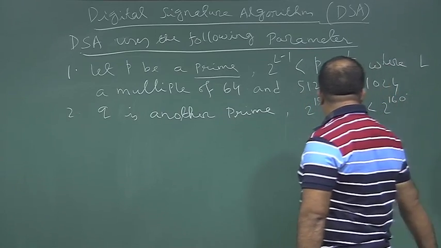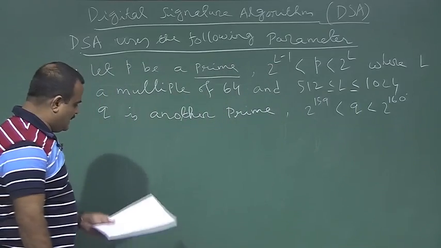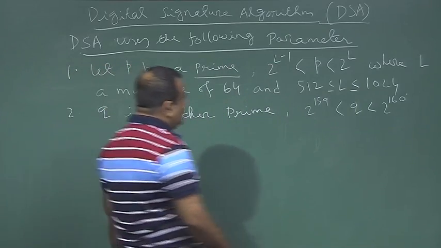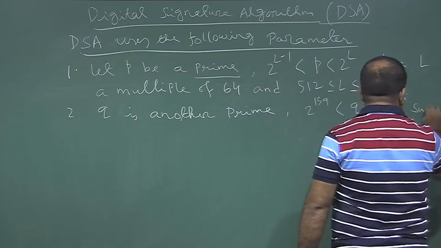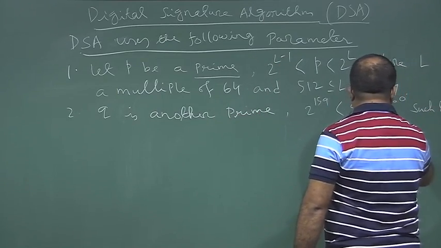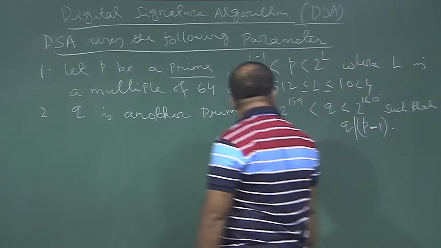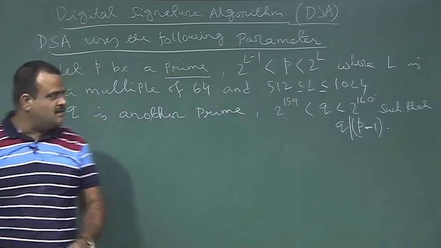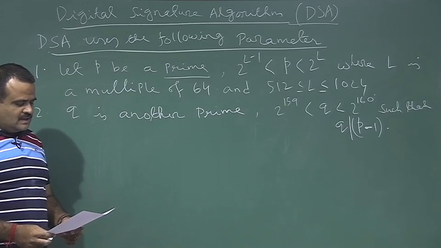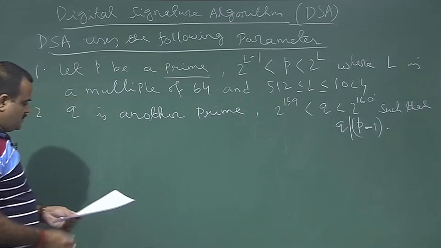So q is a 160-bit prime such that q should divide p minus 1. q must divide p minus 1. So we choose another prime such that this q divides p minus 1.